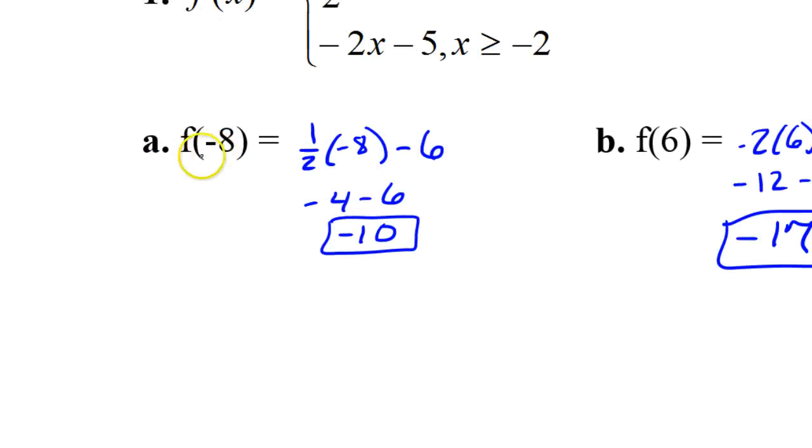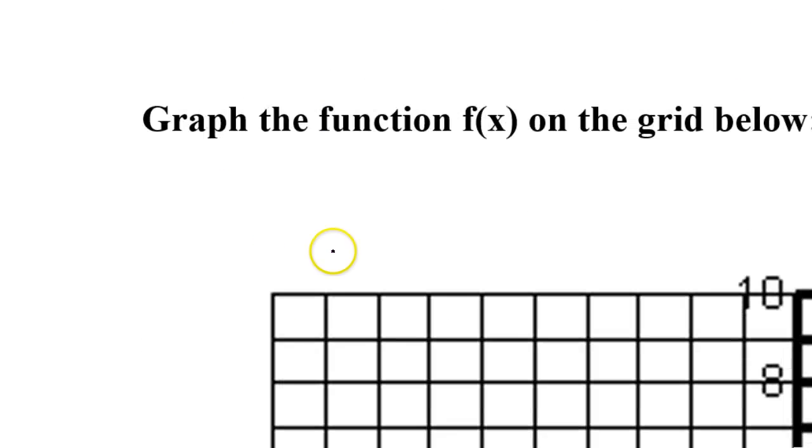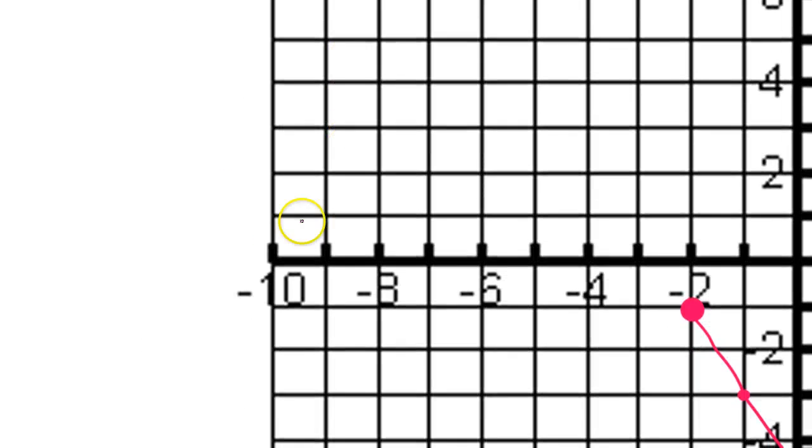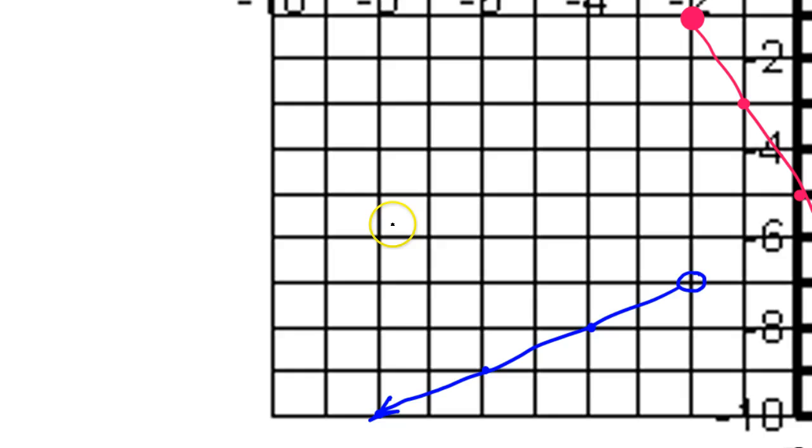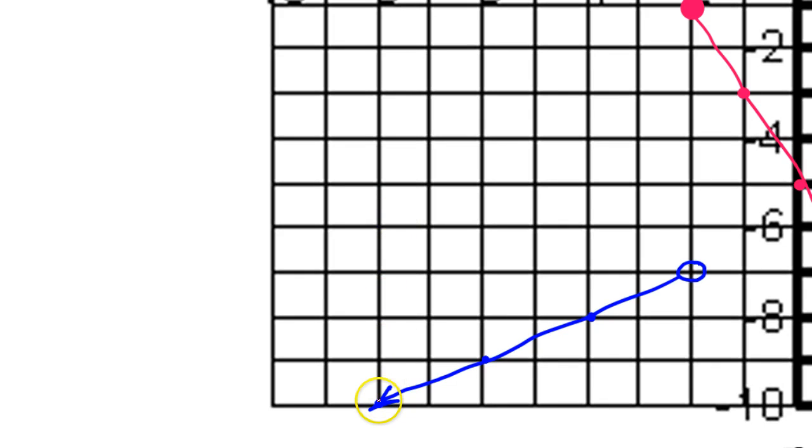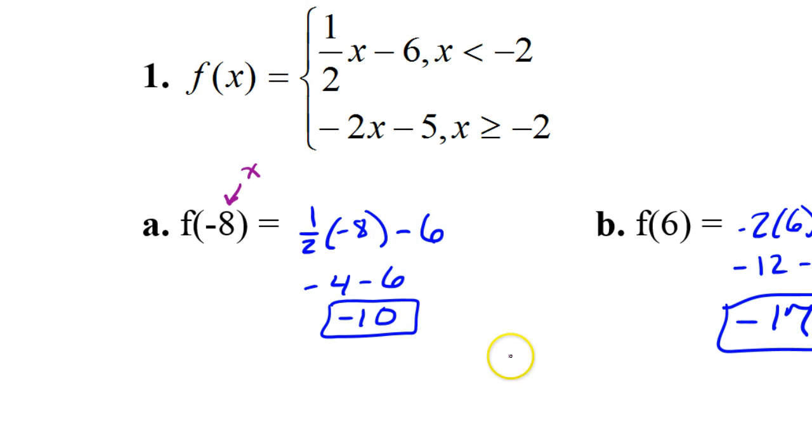I should zoom in. Okay, so f at -8. Now again, this is an x value of -8. So if I go to -8 on the x-axis and look around, here I am at -8. To get to the function, I'm going to have to go down to here. And notice that right here, the function has a value of -10, which is the same thing we got before.